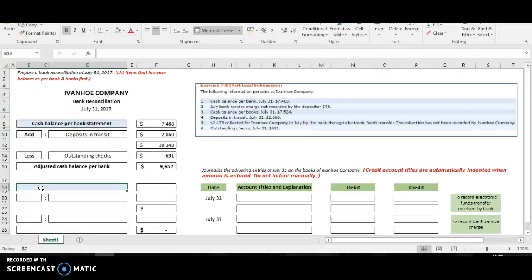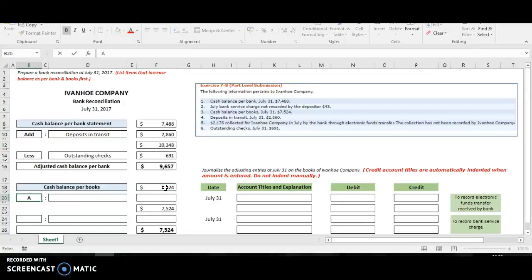Now we're going to move on to the second part, which is going to be the cash balance per books. So according to this information, we already know that's going to be $7,524.